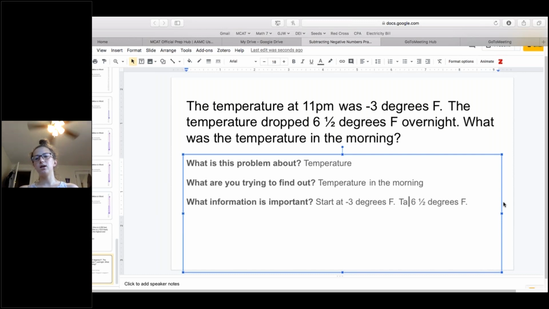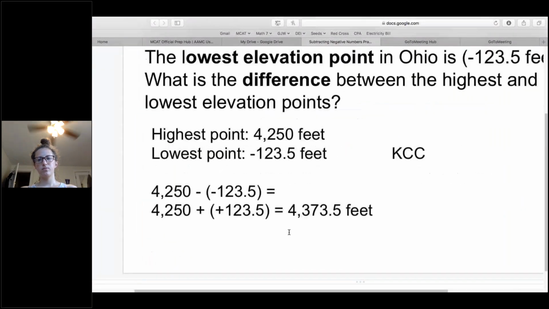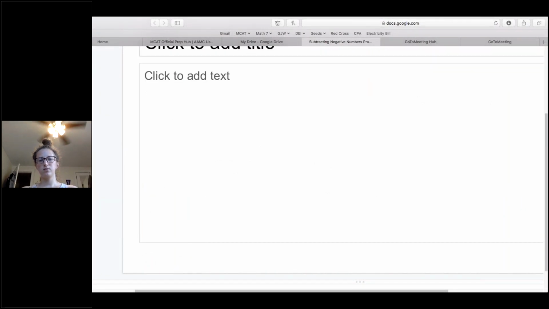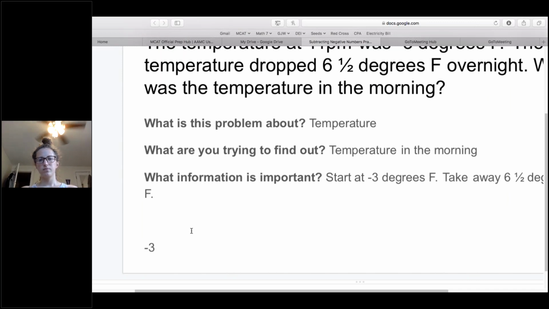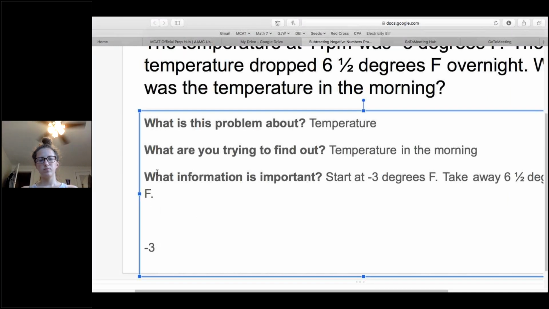We're going to take away 6.5 degrees overnight. And then we want to know the final temperature. So, any ideas here? Write it out. So I think it's -3 minus 6.5 degrees.